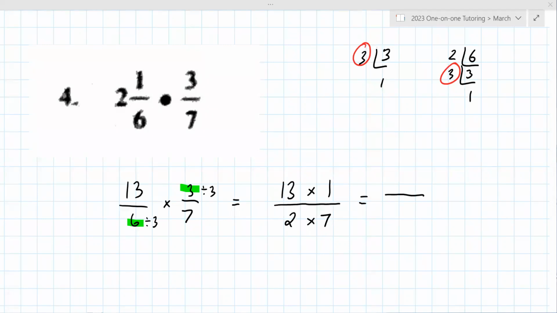Which would be 13 over 14. 13 over 14, good. Very good.